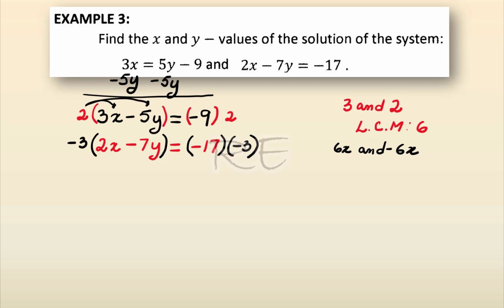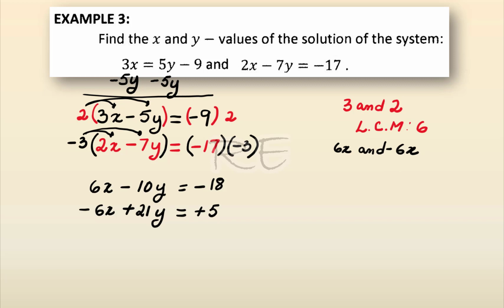We're good. Let's distribute. For the first equation, distributing 2, we get 6x minus 10y is equal to negative 18. For the second equation, distributing negative 3, we get negative 6x plus 21y is equal to positive 51.